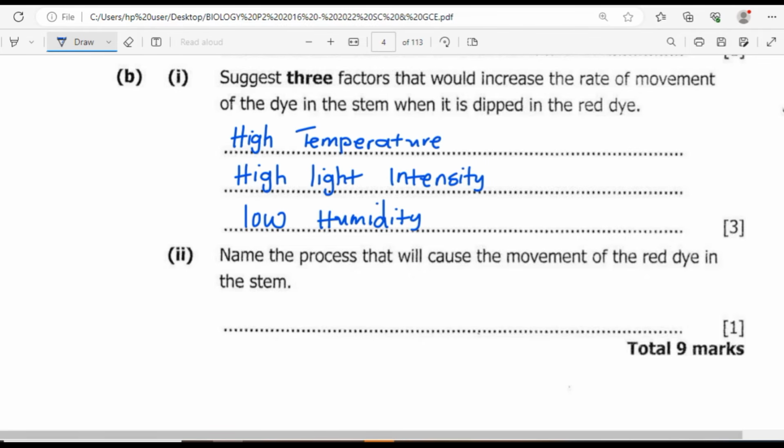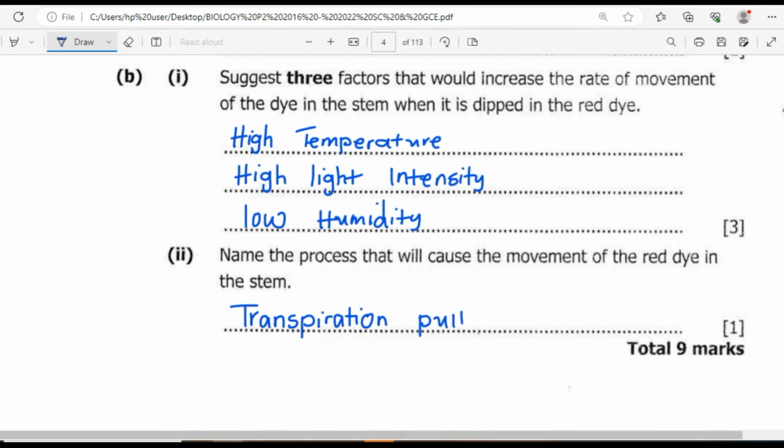Then to name the process that will cause the movement of the red dye in the stem, this is the transpiration pull.